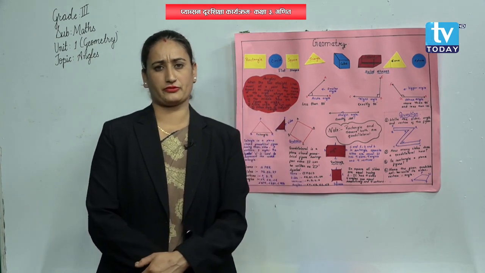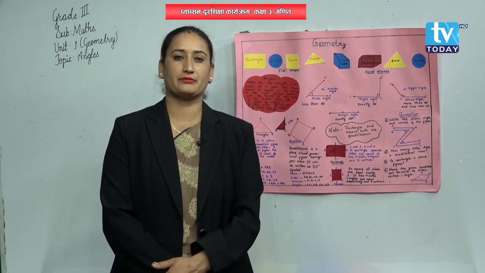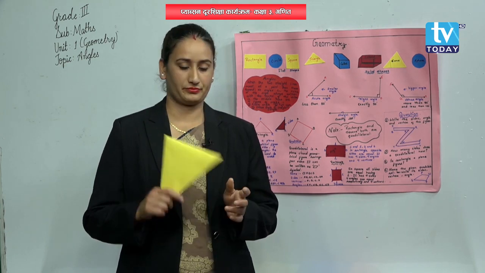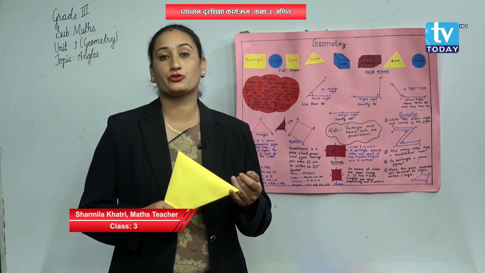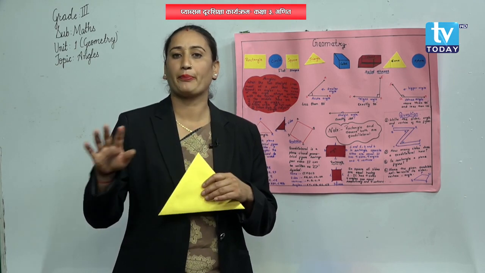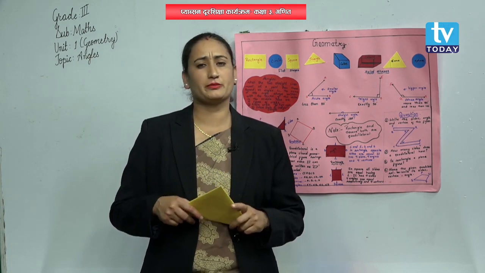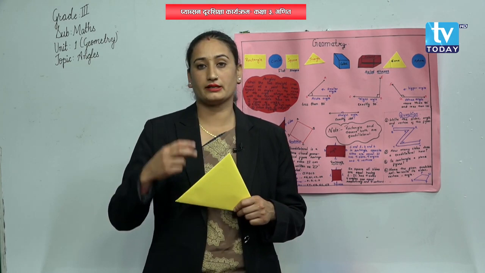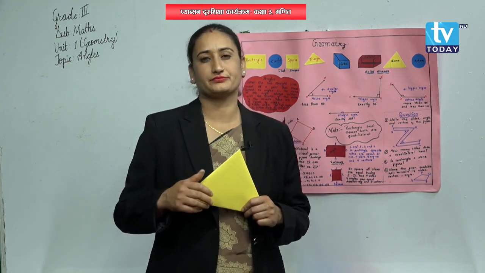Do you know how many types of triangles there are? Okay. What are they? Can you tell me? Okay, obviously there are three types of triangle. The first one is the equilateral triangle. An equilateral triangle means all the sides are equal. That is extra for you, okay? Then the next one is the isosceles triangle.